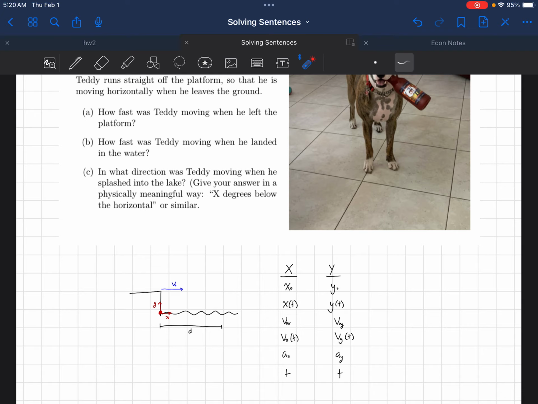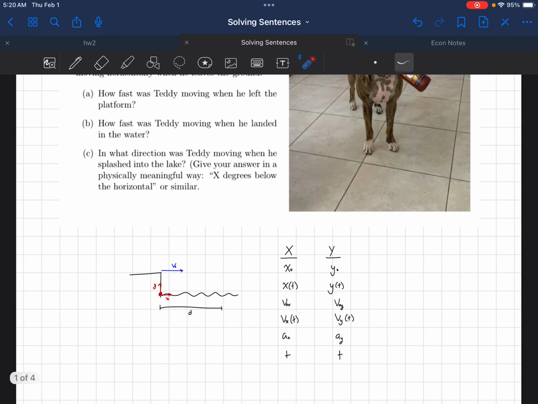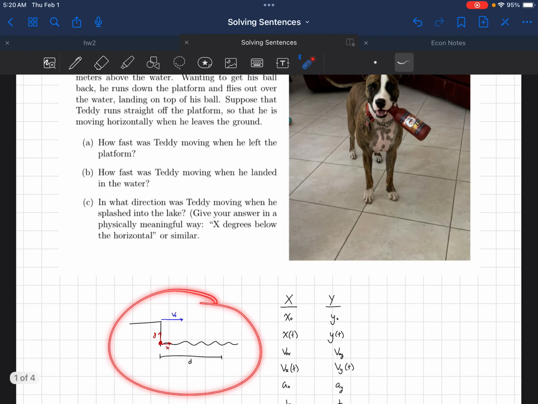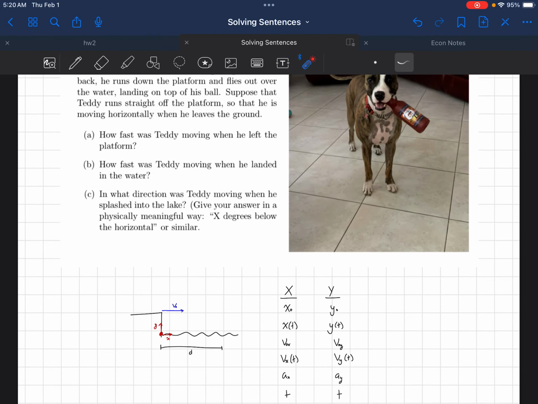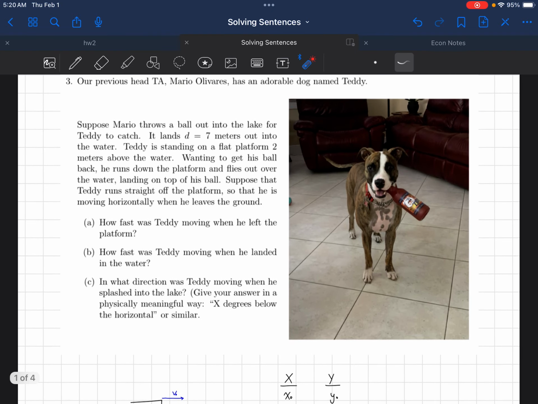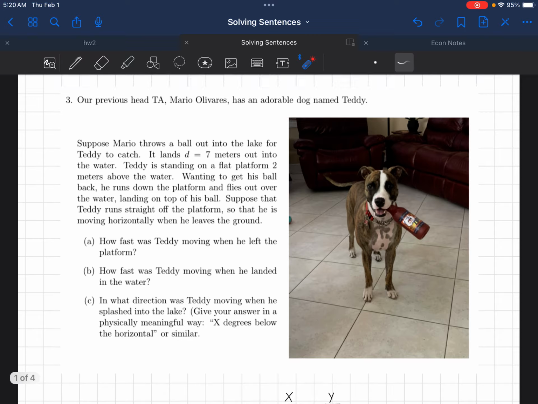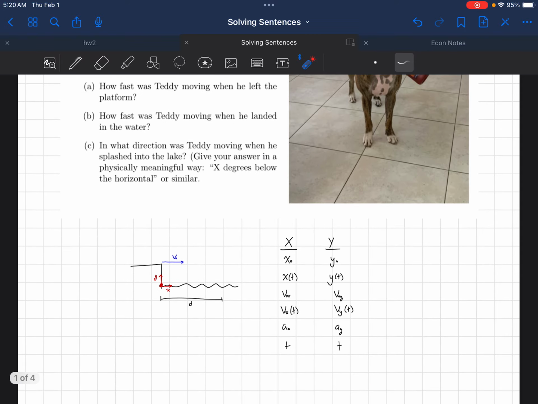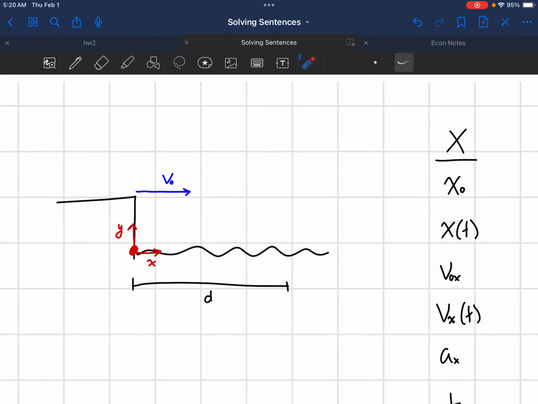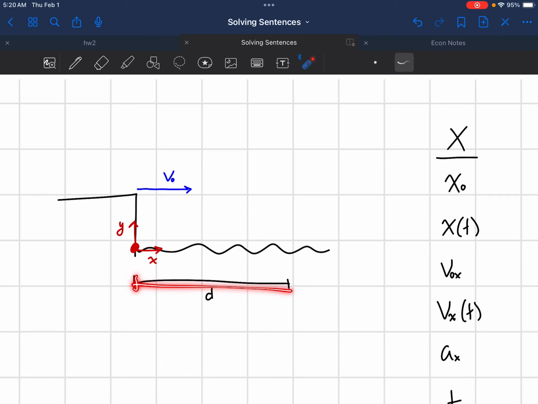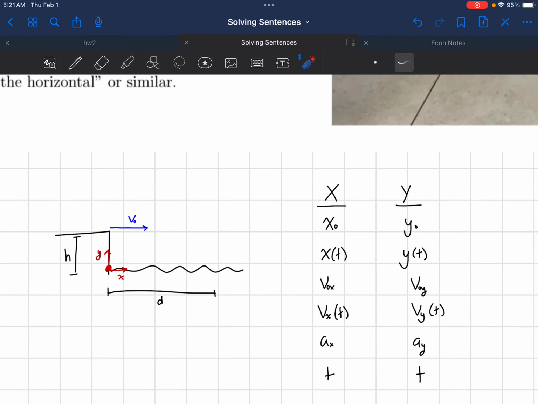All right, so I have my handy dandy picture sketched for this problem already. You should recognize this problem from your homework too. We have Teddy the dog jumping off of a platform into the water, landing a distance d away, and the platform is, I'm just going to call it h, but really we're given that it's 2 meters.